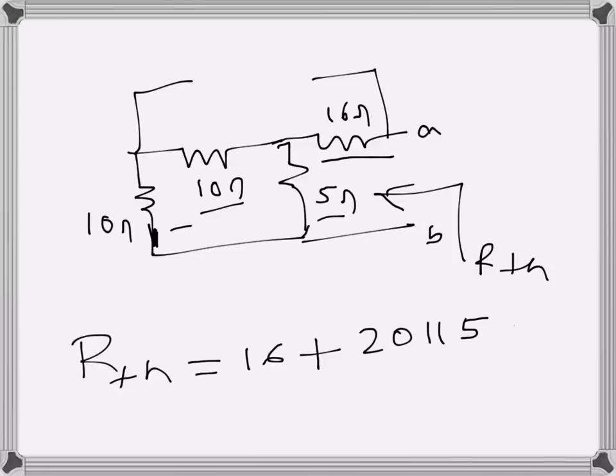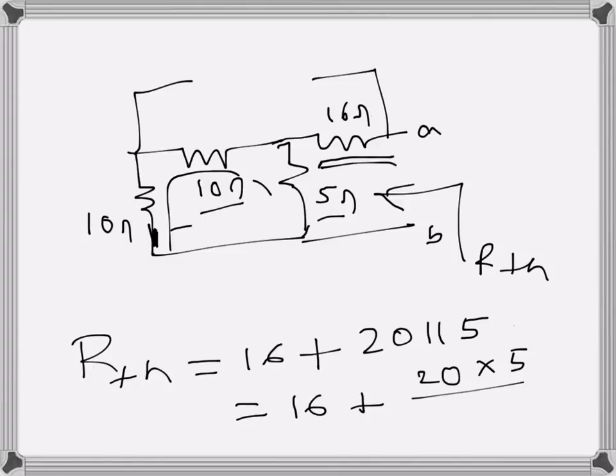So this is the series resistance, and then this is one resistance here, and the other series resistance is the parallel combination of 10 and 20 and 5. So 16 here. I hope it's obvious. I have done some equivalent resistance problems previously. So this is 20 times 5 over 20 plus 5, which is 25.